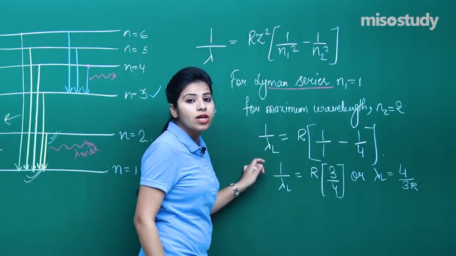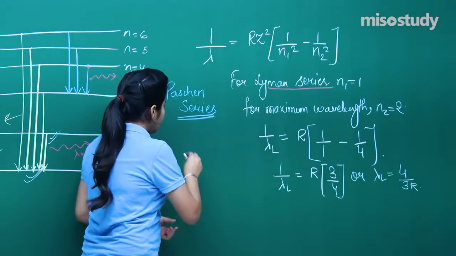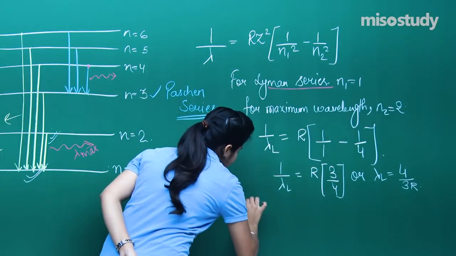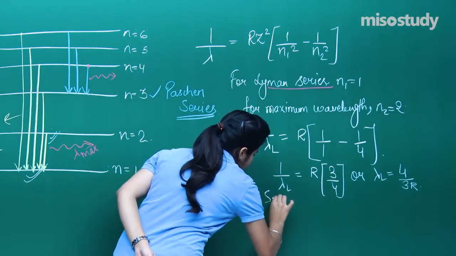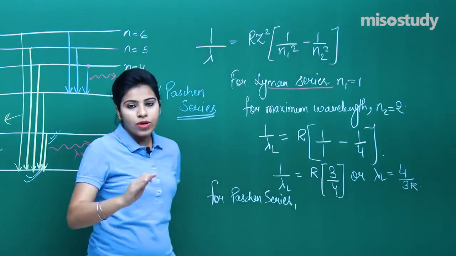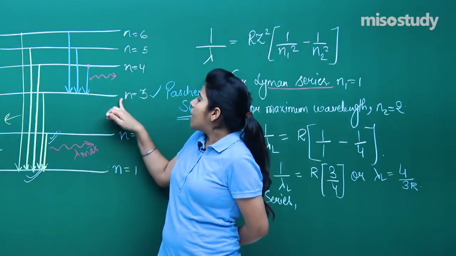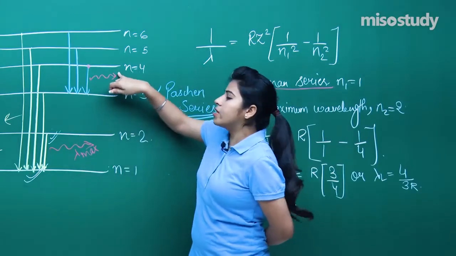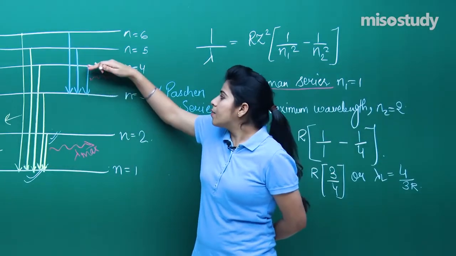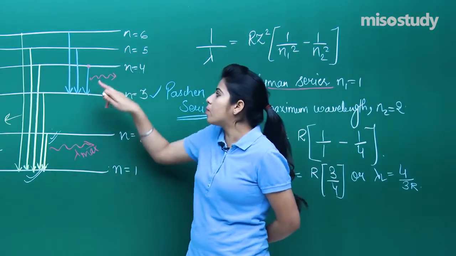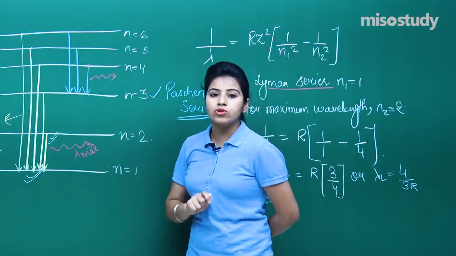If I talk about the Paschen series, let me just write over here. You know that for the Paschen series, n1 equals 3 and n2 will be definitely 4, because the maximum wavelength will be that wavelength when the electron will be jumping from n equals 4 to n equals 3.